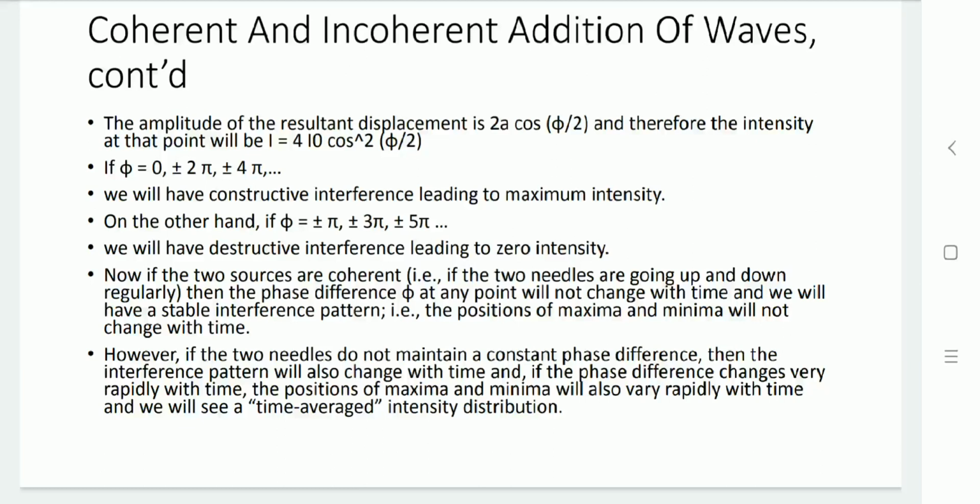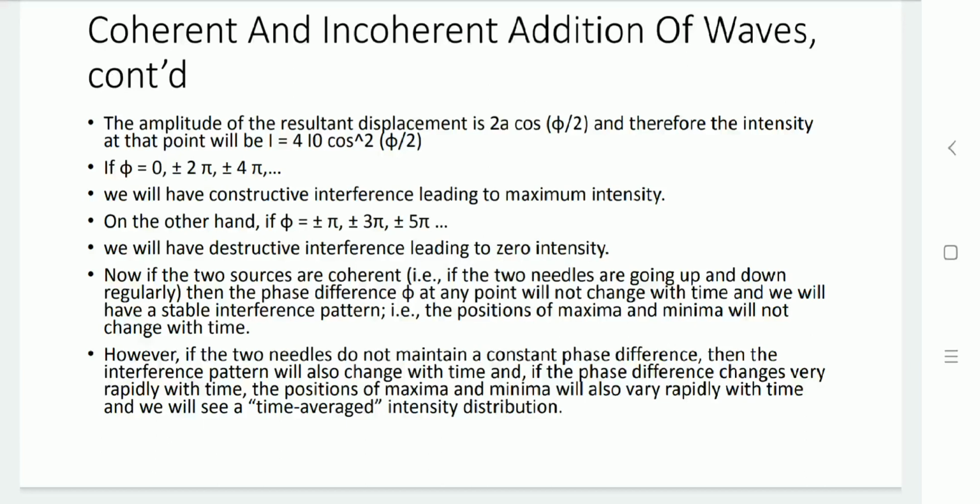If phi is 0, 2 pi, 4 pi, then it is constructive interference with the maximum intensity, and if phi is pi, 3 pi, 5 pi, then it is destructive interference with 0 intensity. So if two sources are coherent, then the phase difference phi at any point will not change at any time.